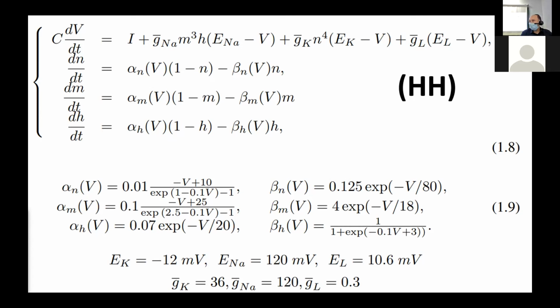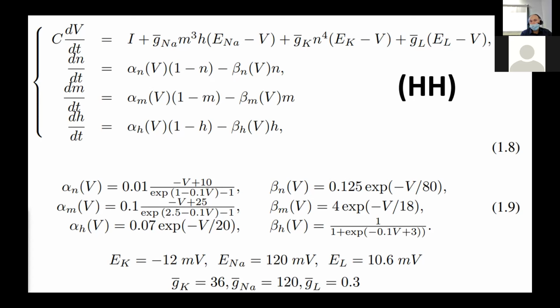So this is the Kirchhoff law. If you write the Kirchhoff law on the electric circuit that was drawn before, it's the same thing as we did in the previous exercise. You get that the current divides into the current of the capacitance I_C, which is equal to that, plus these ionic currents. So this is the Kirchhoff law.